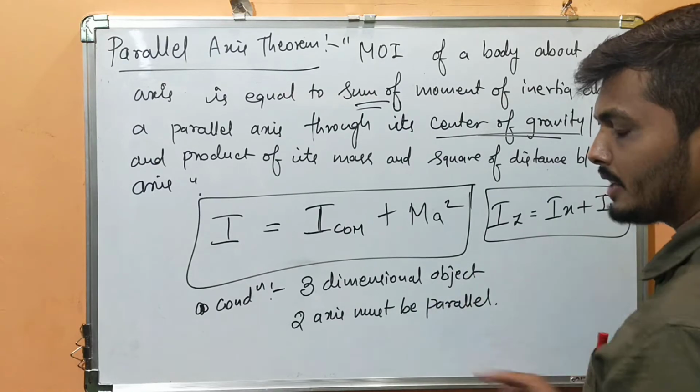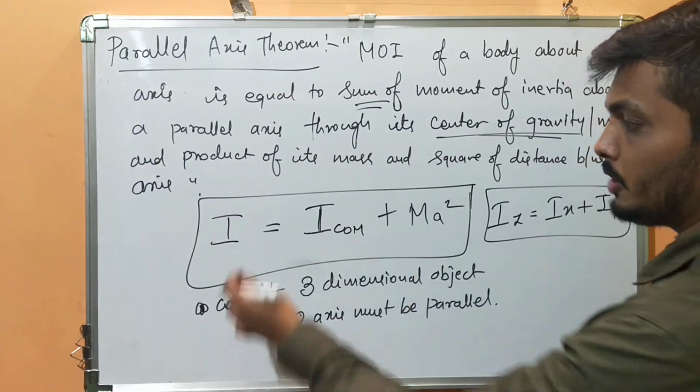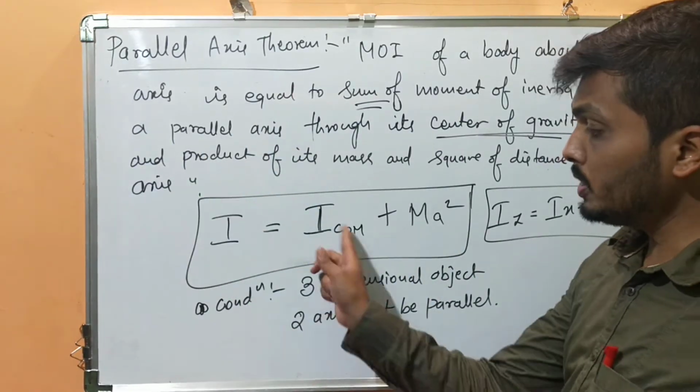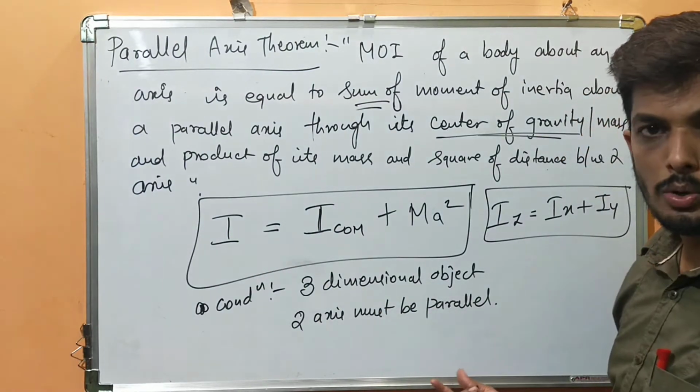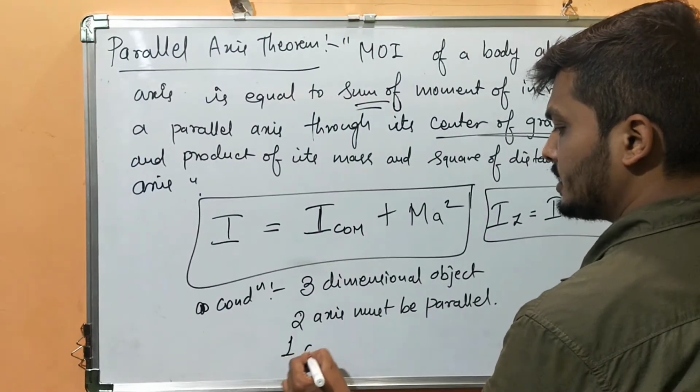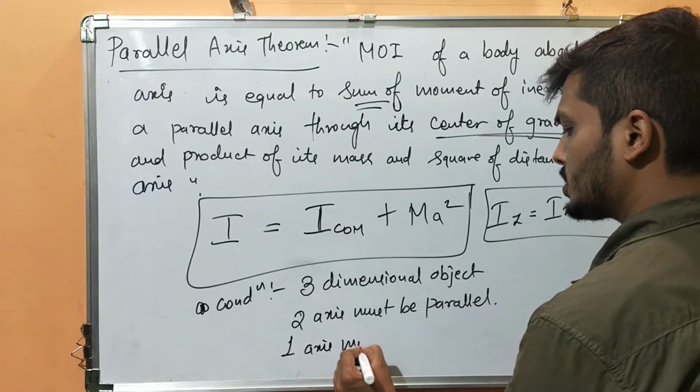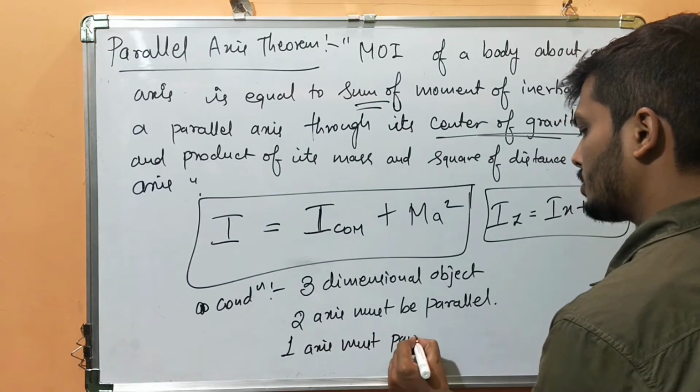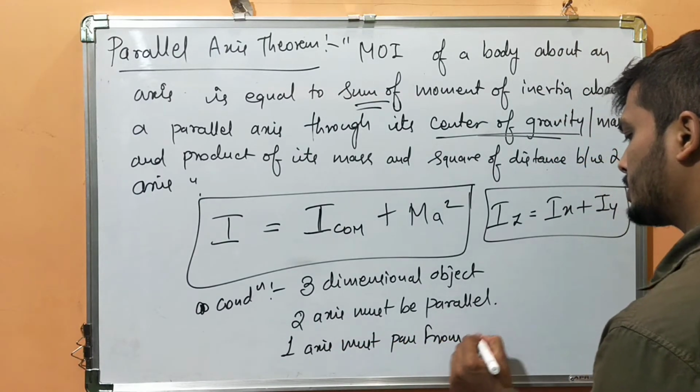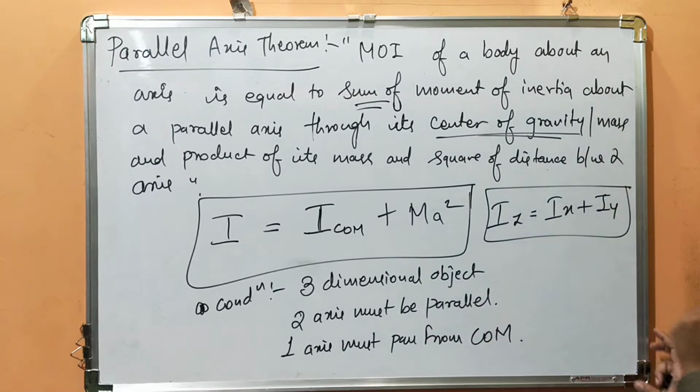Which are the two axes? One axis which is passing through the center of mass and one you are finding. Both axes should be parallel to each other, and one axis must pass through the center of mass. So this is the condition.